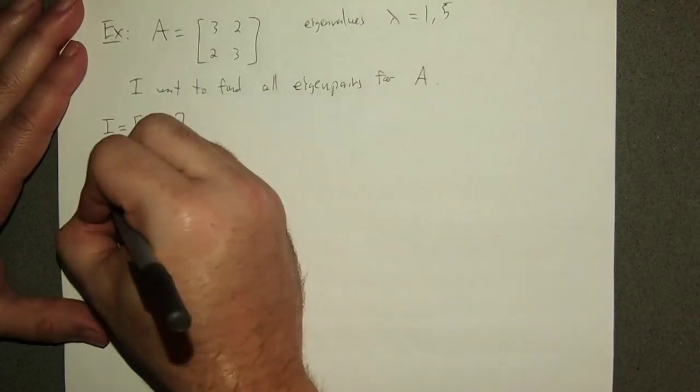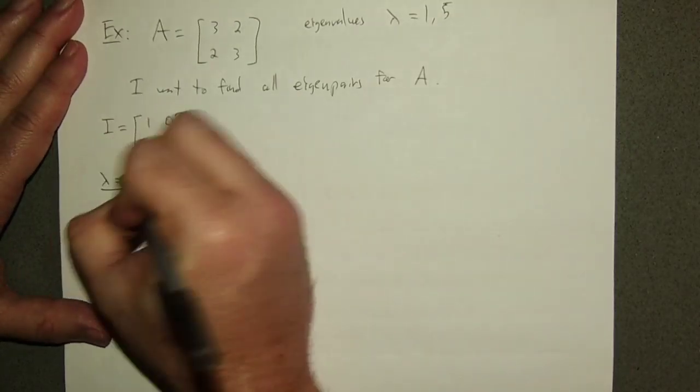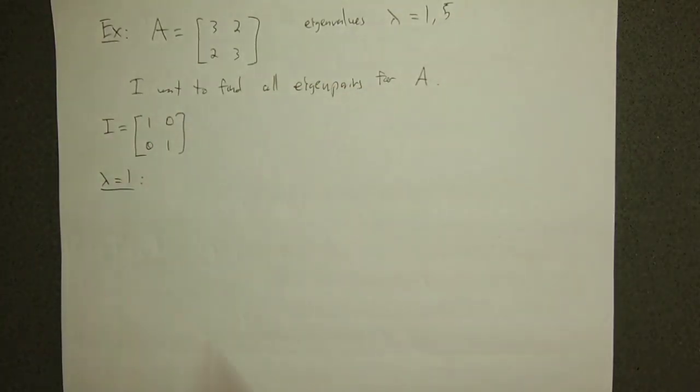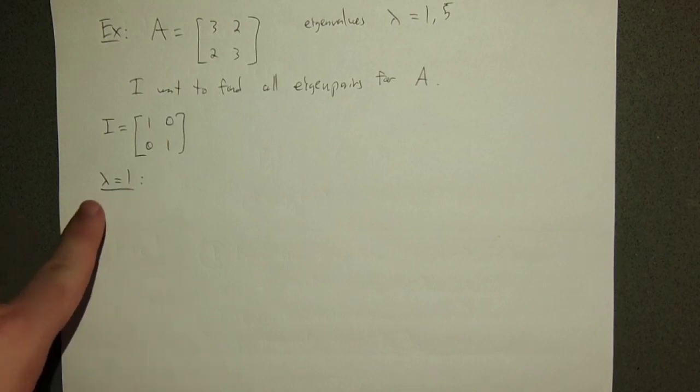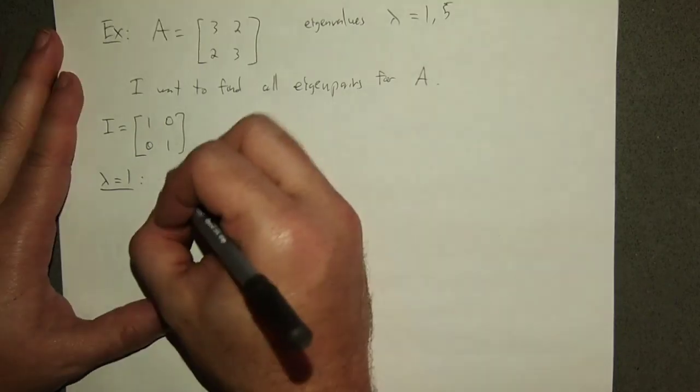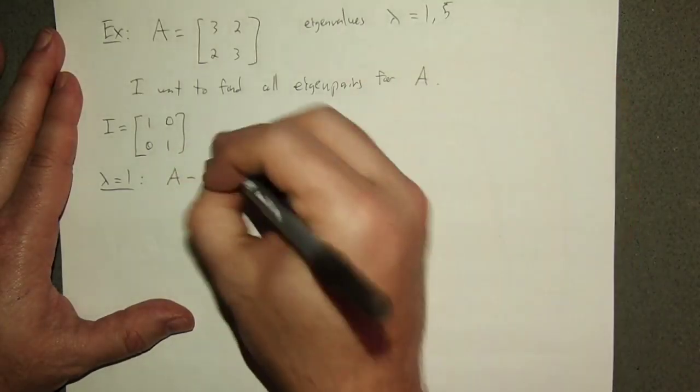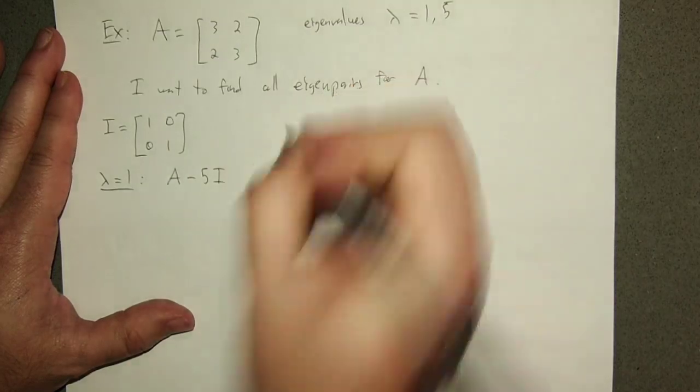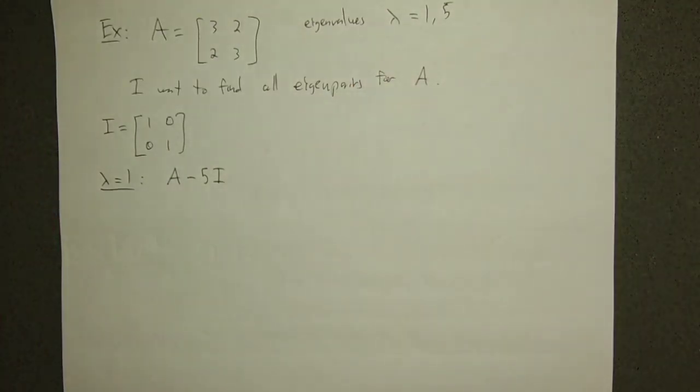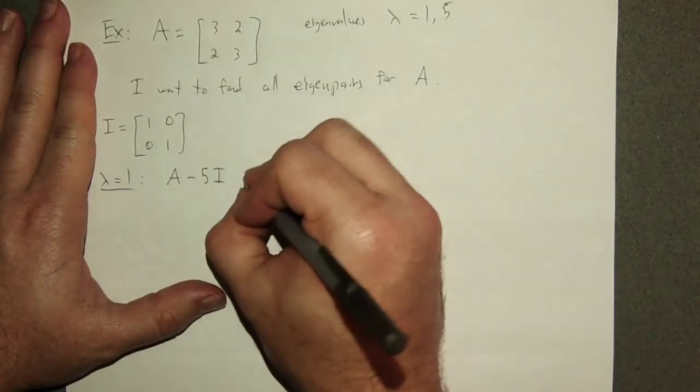So then let's look at lambda equals 1. For lambda equals 1, if I want to find an associated eigenvector, I should look at A minus 5I, and I should look at the non-zero columns. So A minus 5I looks like what?